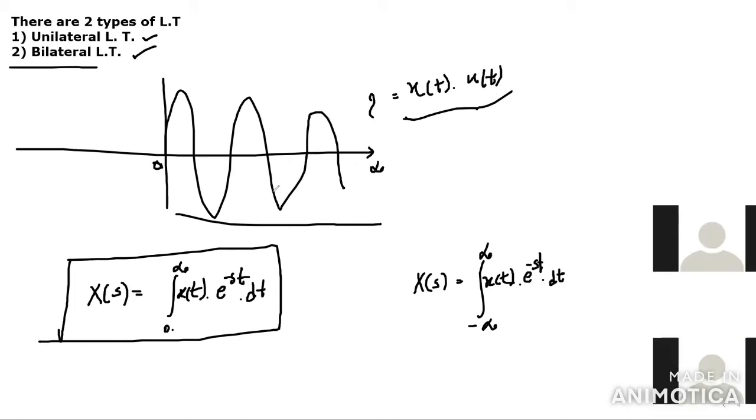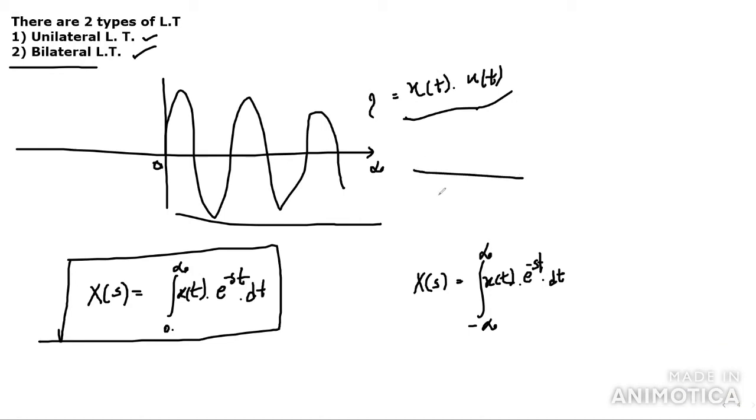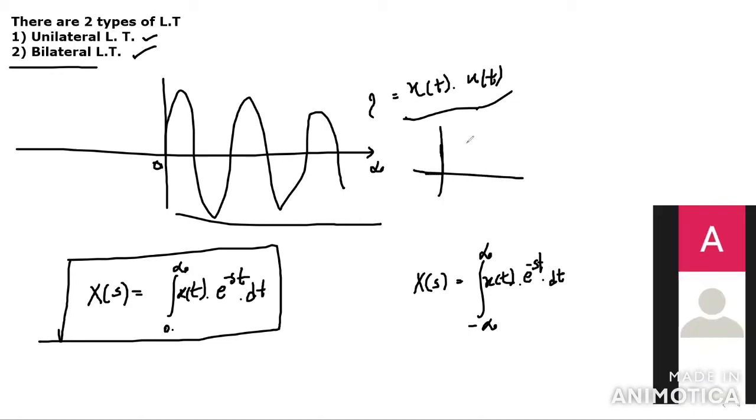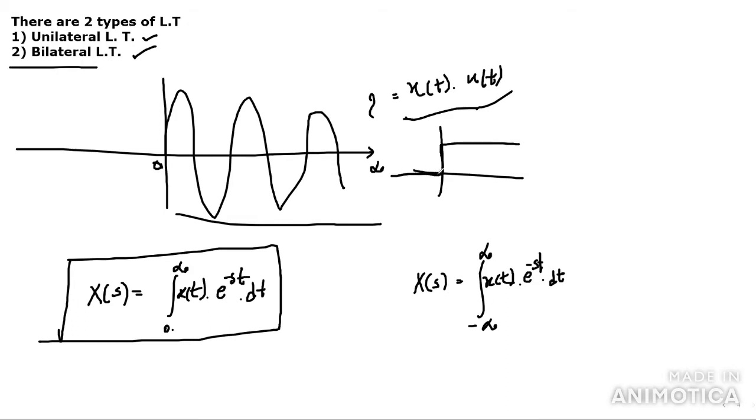It's unilateral because the unit step function always exists from 0 to infinity, not less than 0. If my time axis is less than 0, my unit step signal will be 0. So it exists only on one side.